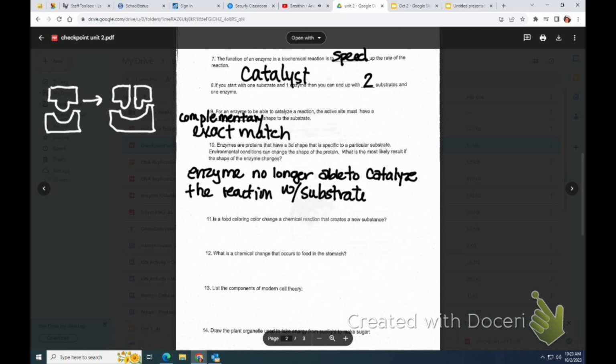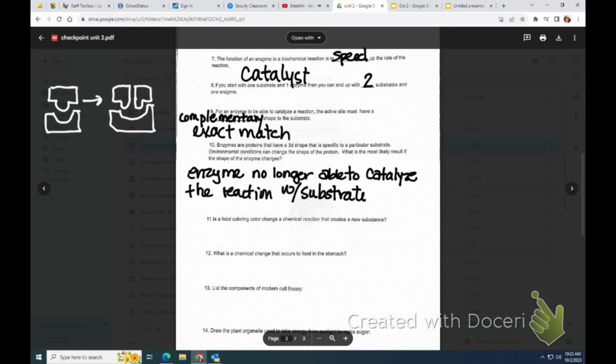It's not going to work anymore because the shapes don't match. They're no longer complementary at this point. Enzyme no longer able to catalyze the reaction with the substrate.